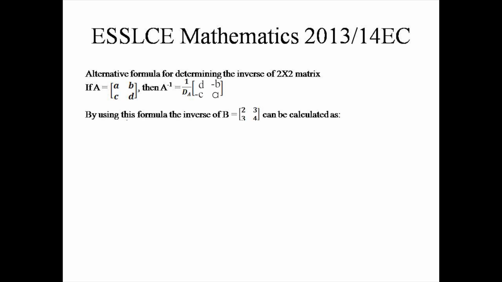That is, if A is equal to the matrix A, B, C, D, a 2 by 2 matrix, then the inverse of A is calculated by using the formula 1 over the determinant of the matrix A times this matrix, that is switching D and A, and then multiplying the two elements, that's the second element of the first row and the first element of the second row, by negative. By using this formula, the inverse can be calculated.